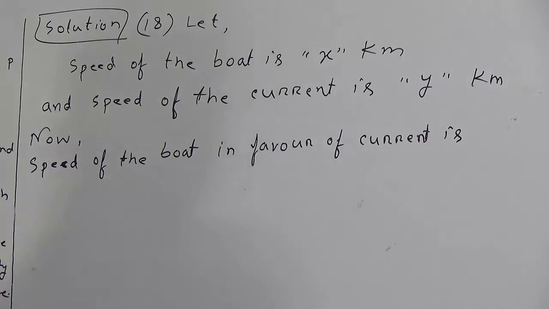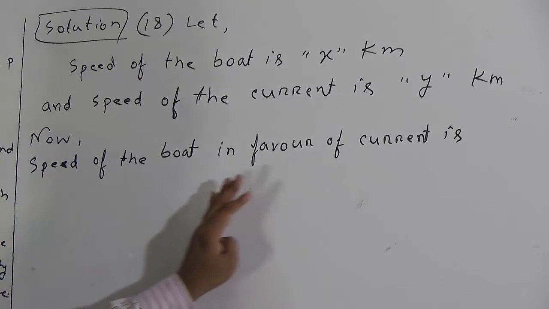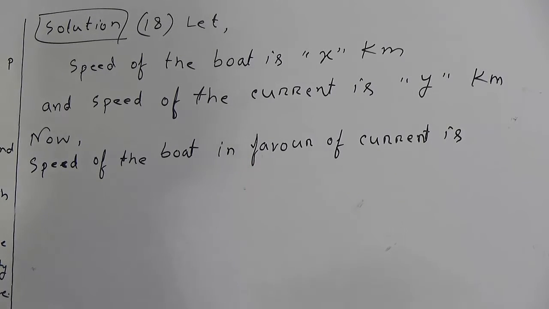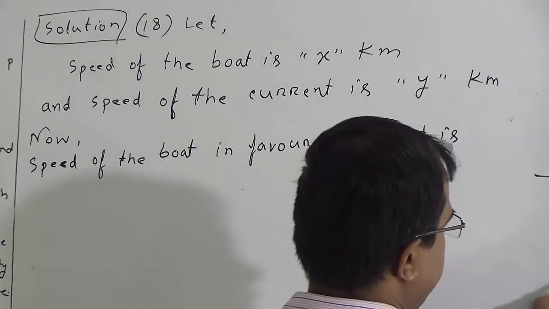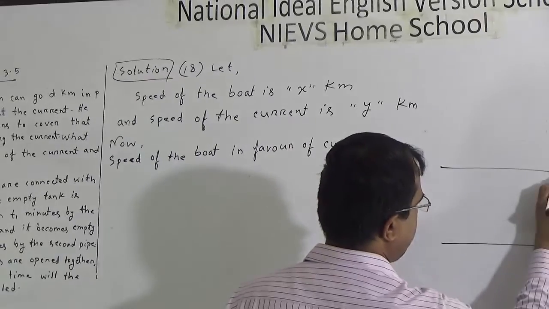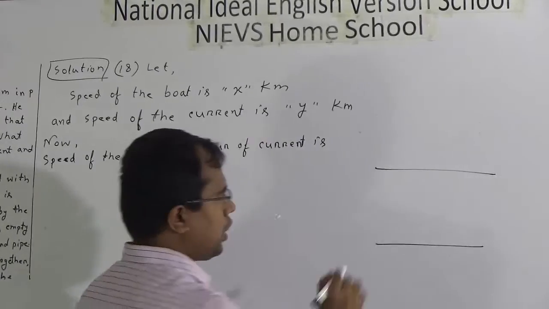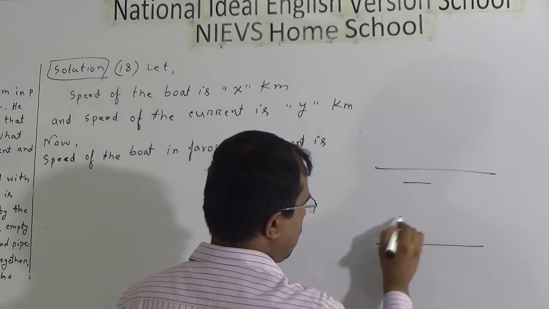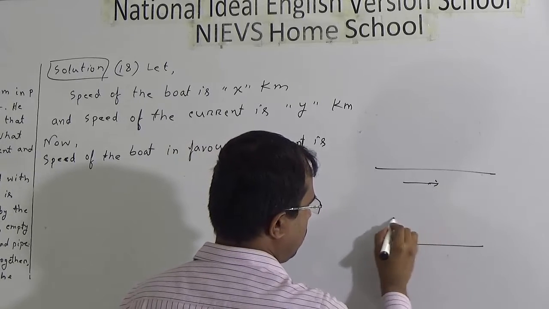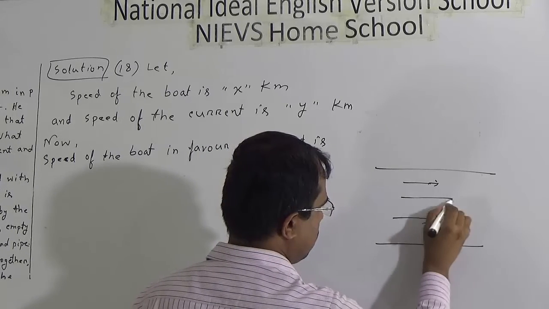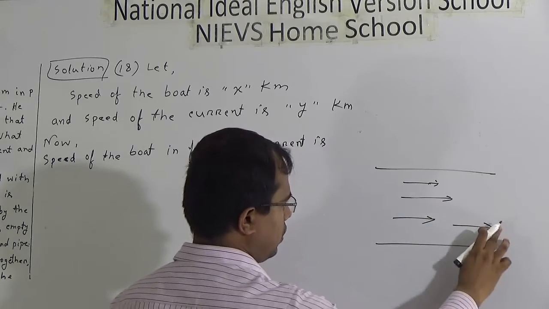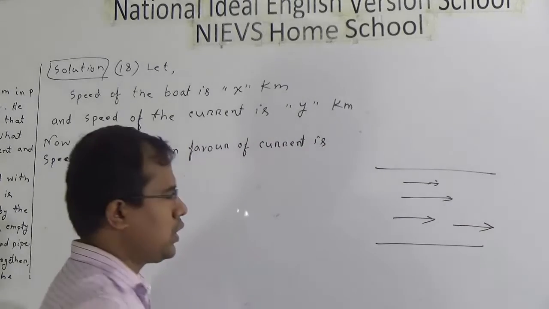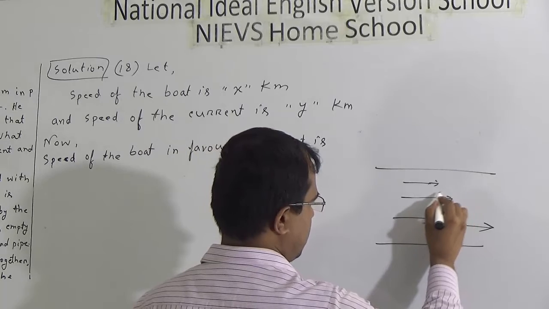Now dear students, here the question is, what do we mean by favor of current? Suppose that it is a river and current is going in this direction. Suppose here one boat exists.